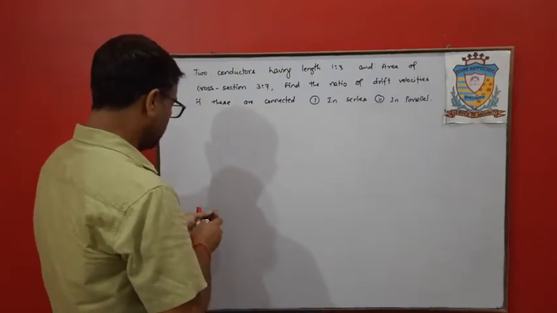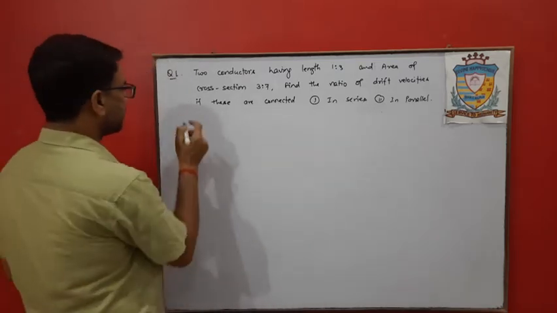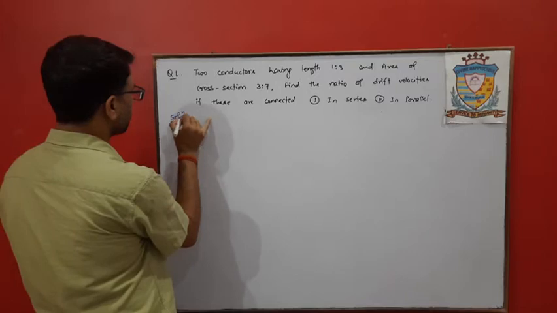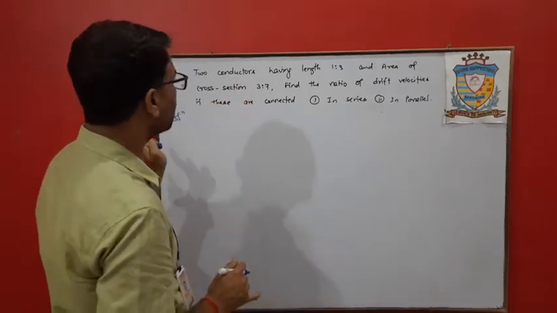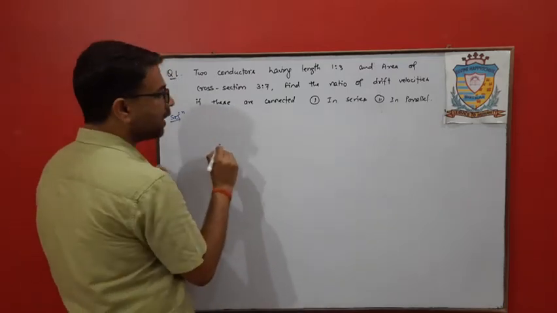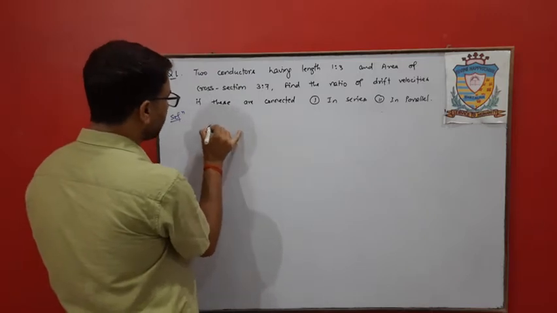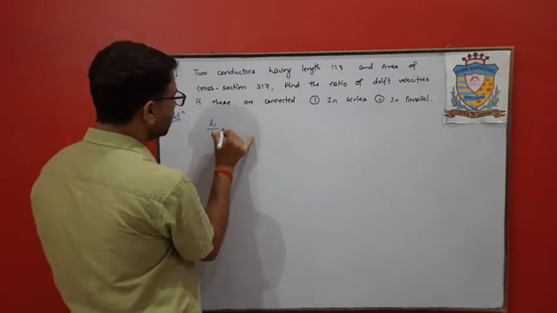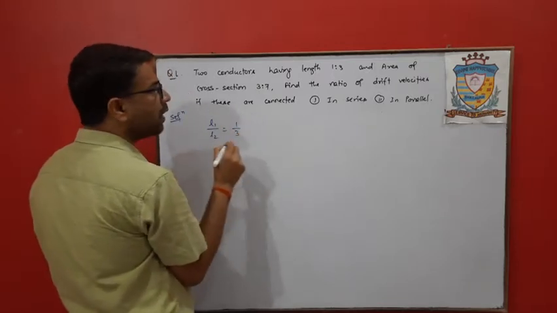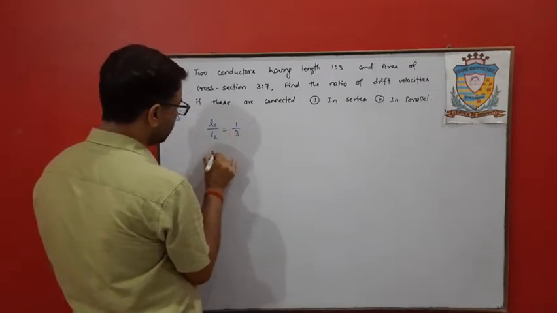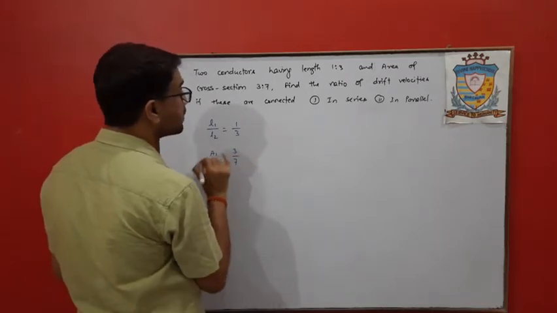So here the given part is that we have two conductors, L1 and L2, having length ratio 1:3. The ratio of length, L1 upon L2, is 1/3, and the ratio of area of cross section, A1 upon A2, is 3/7.